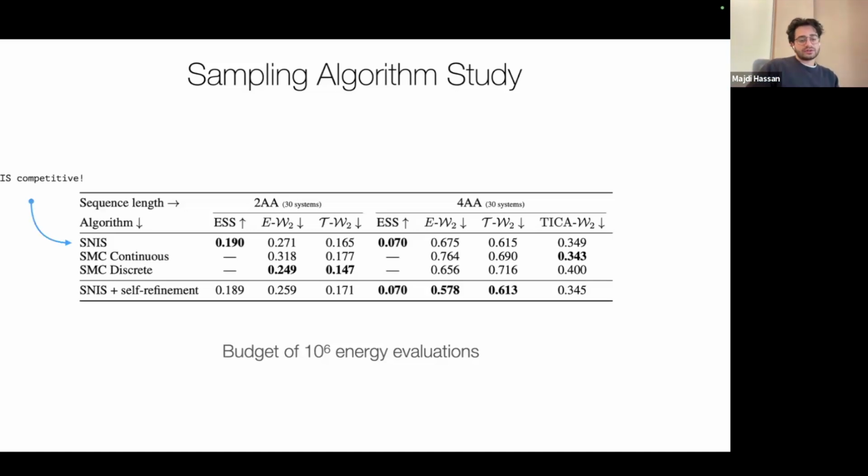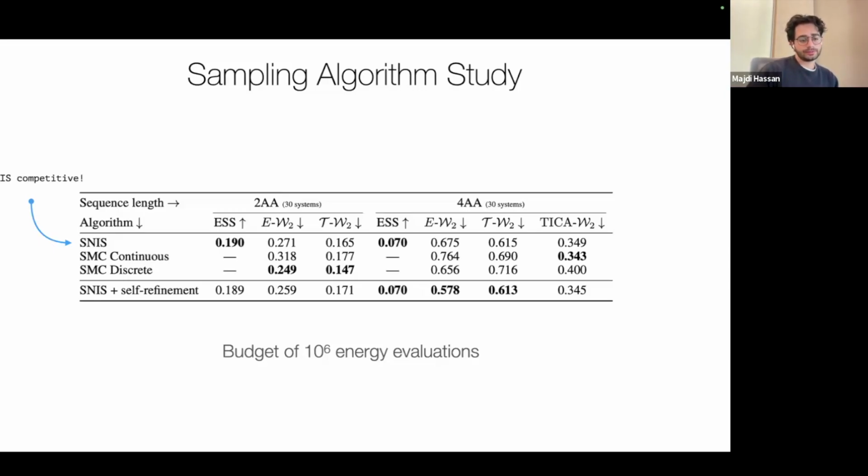But what's really interesting to see is that SNIS is pretty competitive in performance to the more sophisticated SMC methods, which suggests that we have pretty sufficient overlap in the proposal.